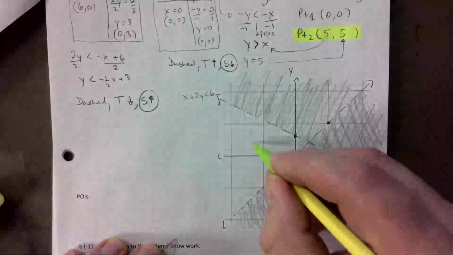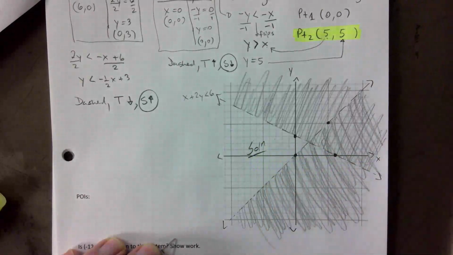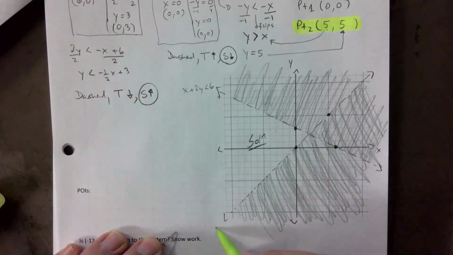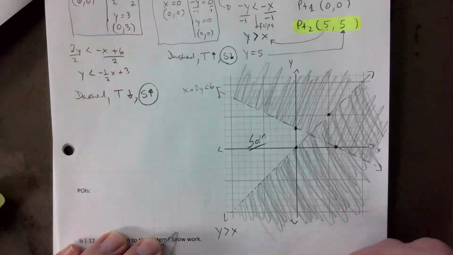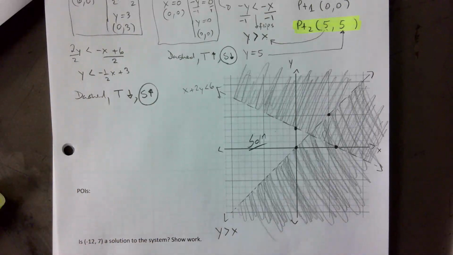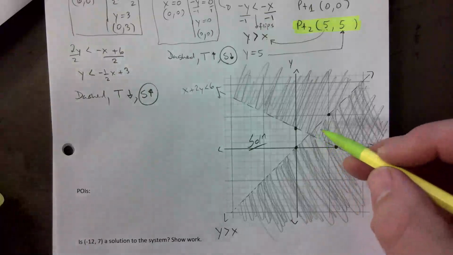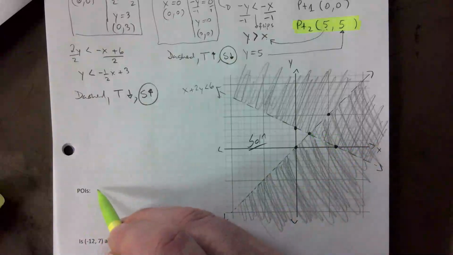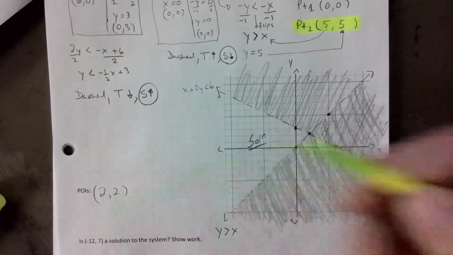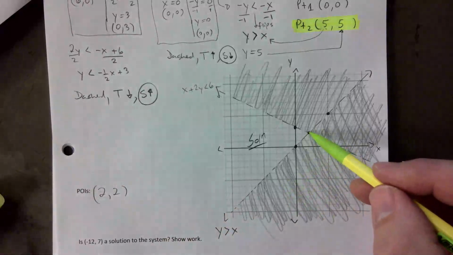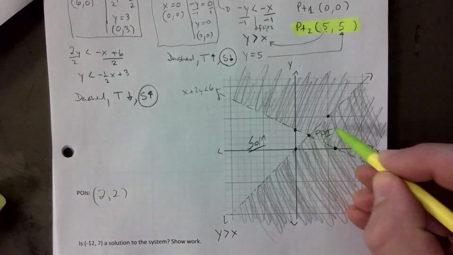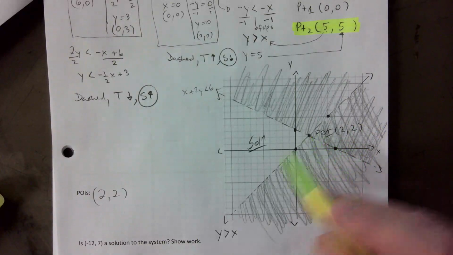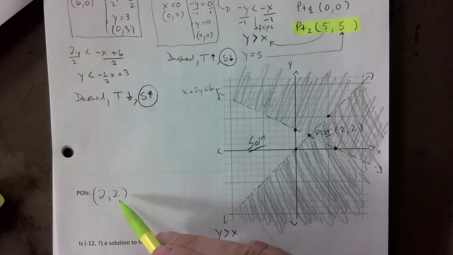Here we go. So this is your solution region. I didn't label this line, so I'm going to do that right away. That's y is greater than x, that line, and I just need to find the point of intersection. I'm going to spare you the details and just say that it's 2, 2. If you type this into your calculator, you find that the POI is 2, 2. You don't have to label it on the graph. You can just state it if I ask you for it on the side.